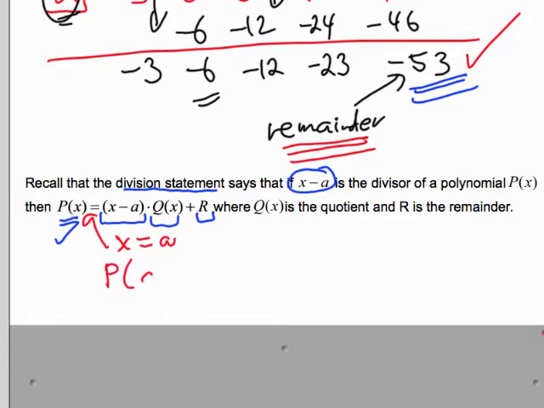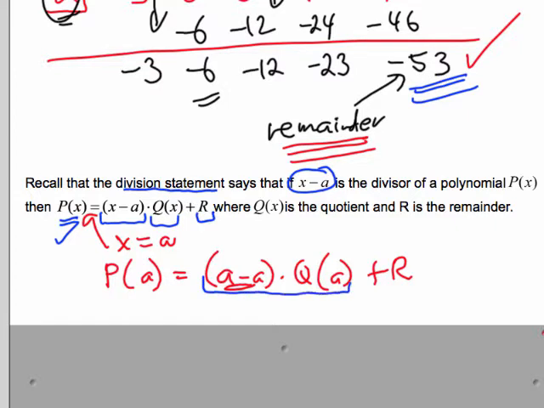So x becomes a. Every place I have an x, I'm replacing it with an a. And I'm going to get a minus a, which is 0 here, and 0 times anything is 0. And what I'm left with is that p of a is equal to the remainder.